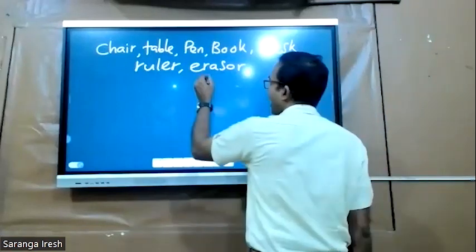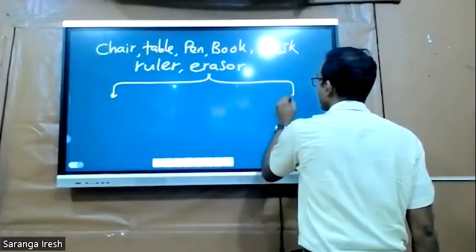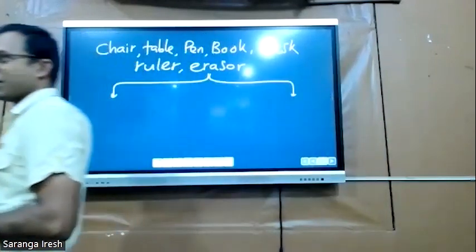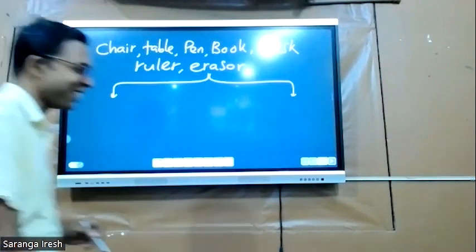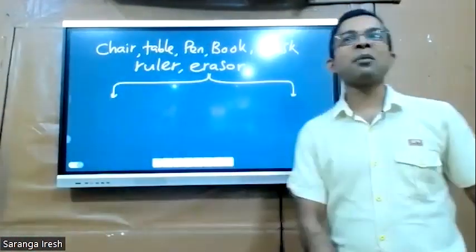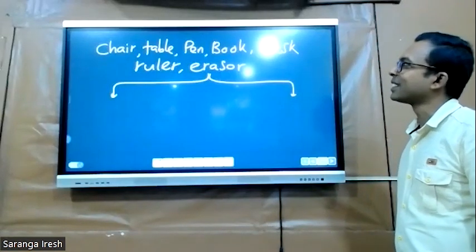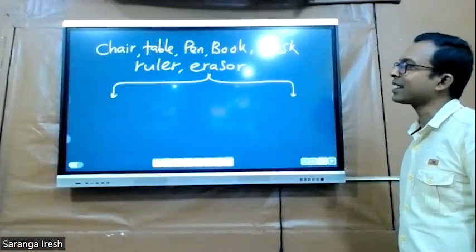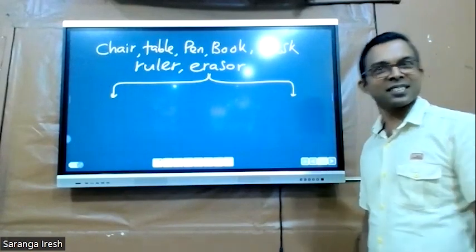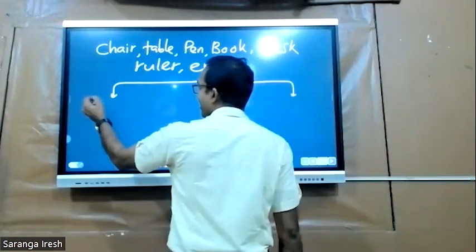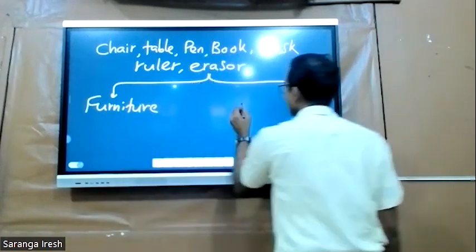Now, dichotomous means each time you are using two statements to classify the things, like have legs and does not have legs. No, I can first categorize them as furniture and stationery.